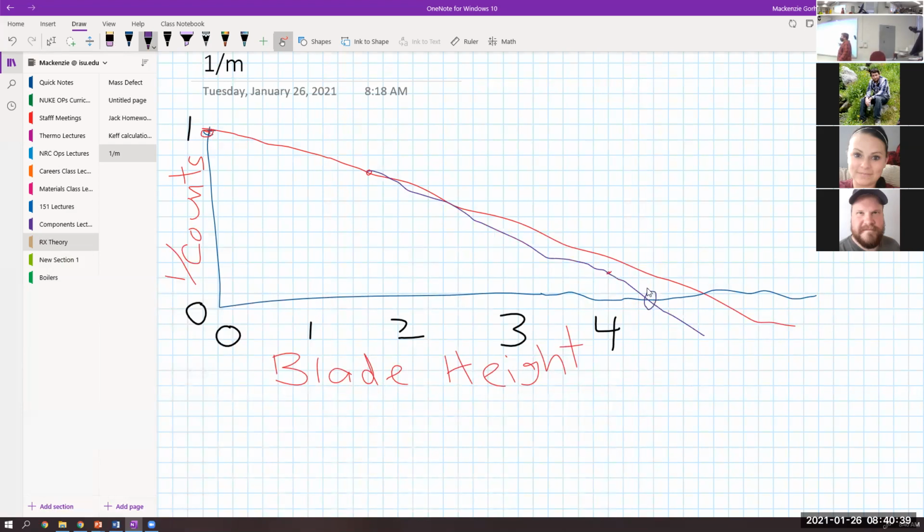And it's going to be more correct now because I have more material in, more blade height removed, more rods inserted, whatever it is. And I have better count data. And you're going to do this every time you remove the control rod or add a fuel plate until your data starts giving you the same answer where you're going to go critical.